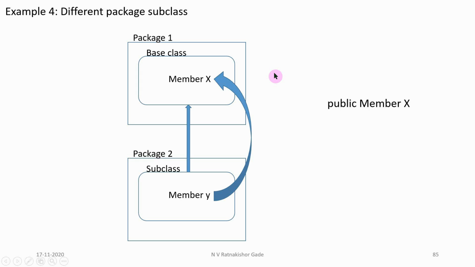Since there exists an inheritance relationship between these two classes, it can also have protected as access modifier. Here we cannot use private because both are not present in the same class, and also we cannot use the default access modifier because both the members are not present in the same package.